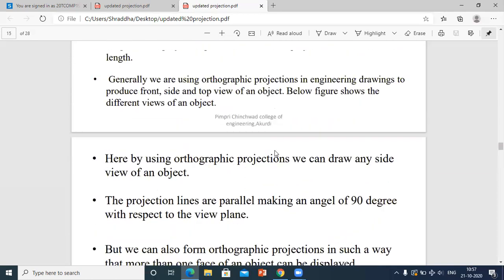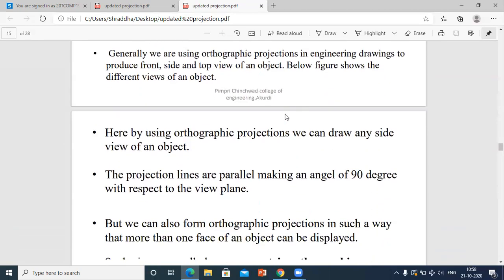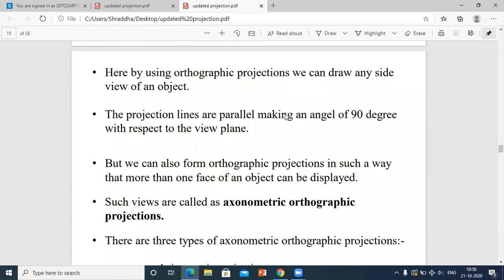In this particular diagram, this is one face, this is another face. So more than one face of an object can also be drawn in orthographic projection. And such views are called axonometric orthographic projections.